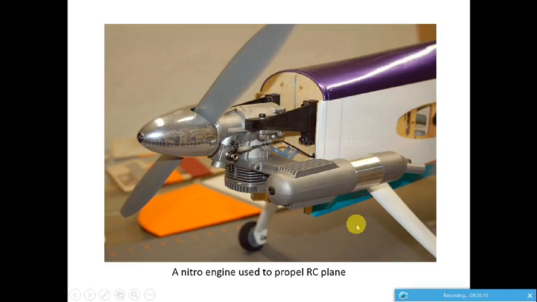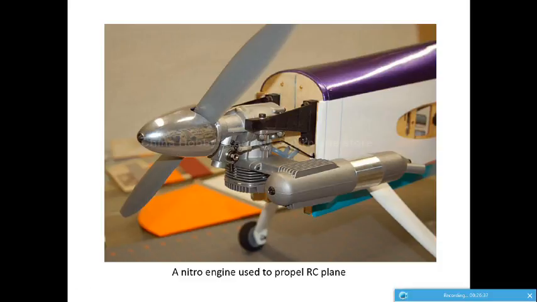Okay, so this is a nitro engine, a gasoline two-stroke engine, which is used for providing thrust in an RC aircraft. Usually this kind of engine is used for a little bigger model with a wingspan of minimum 1 meter or 1.5 meters.